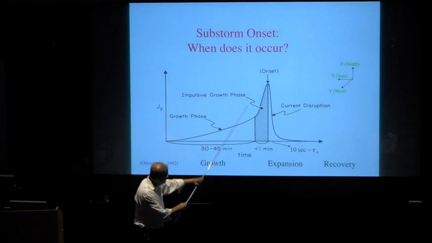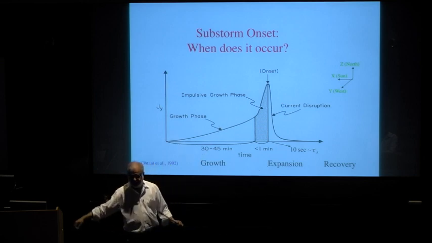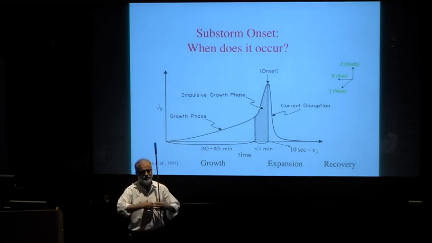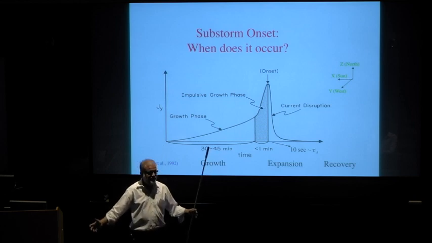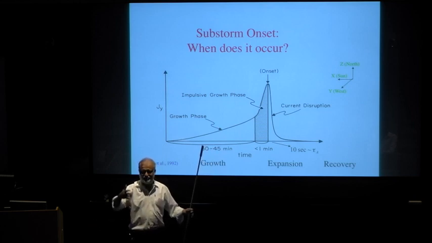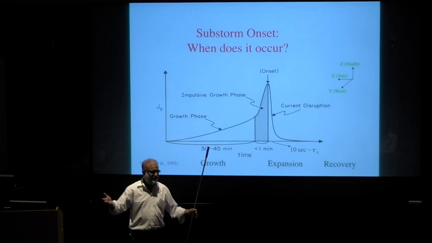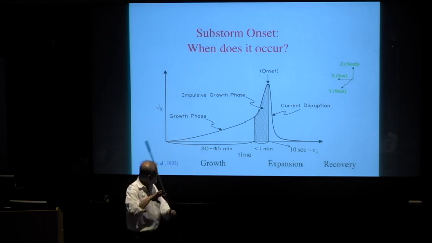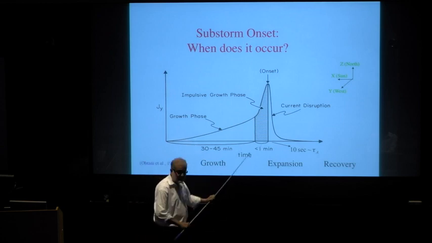And then a relaxation where the current disrupts completely. The plasma just sheds it in violent upheaval, relaxes to a dipolar state, which is nearly the vacuum field. And it's called dipolarization for substorm phenomena. And this time scale is about 10 seconds.